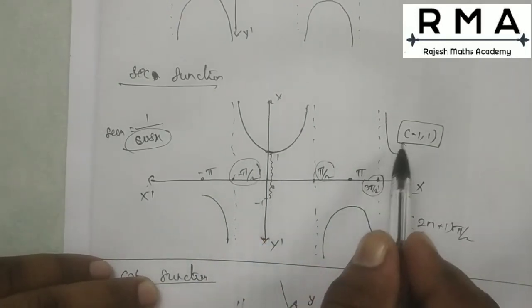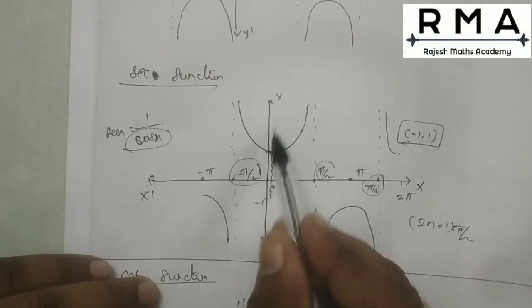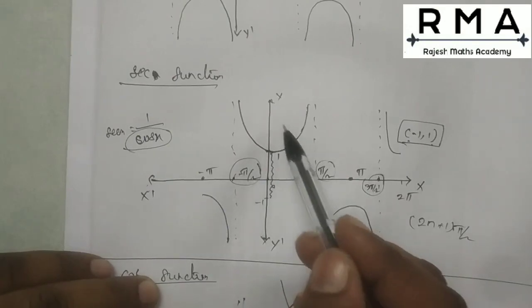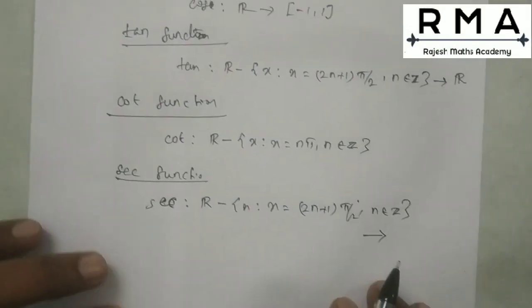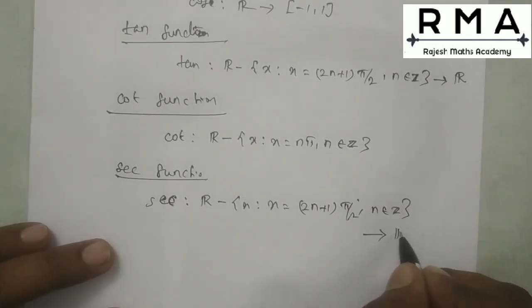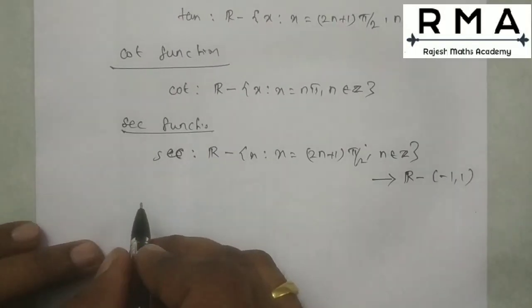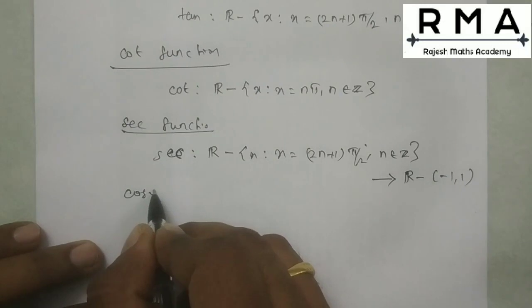Except this minus 1 to 1, all the remaining real numbers are valid. So we can say that the range of the secant function is real numbers except the open interval minus 1 to 1.